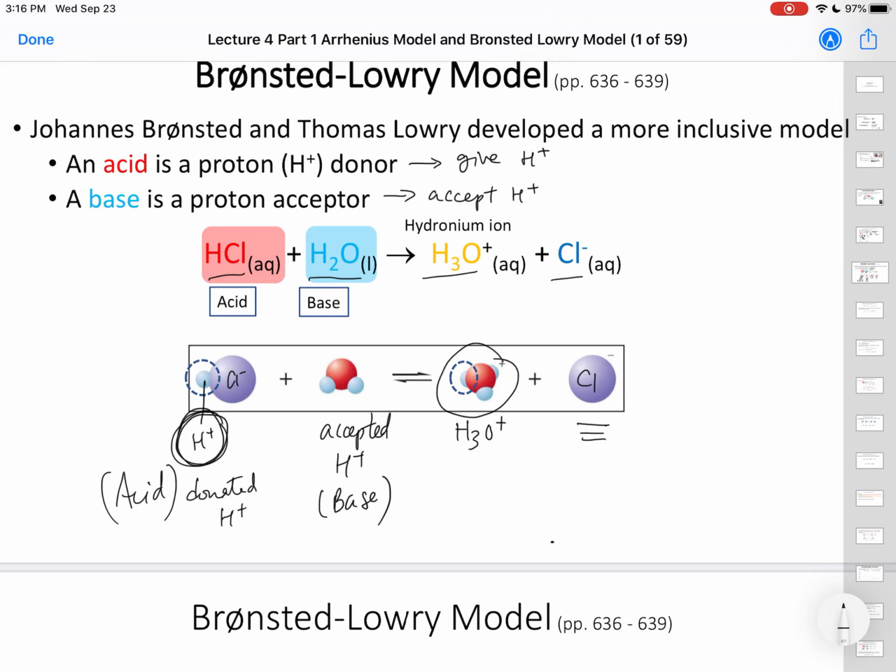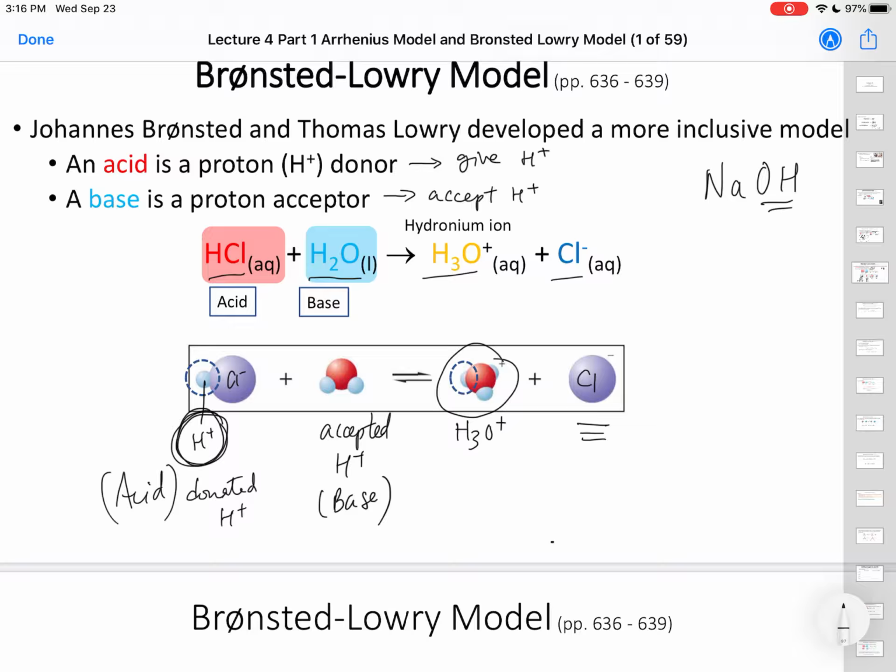So this is the newer model of acids and bases, and we basically can include more things as bases. So for example, NaOH was your old model, and we said it donates OH minus or produces OH minus in aqueous solution. So this is a base. In this new model, NaOH can still be a base.